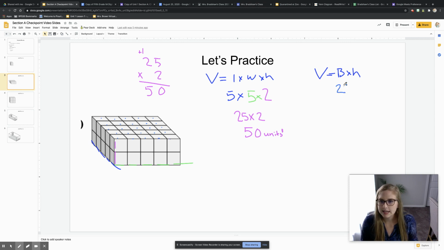So my base is 25 cubic units, and I know that I have 1 layer, 2 layers. So 25 times 2. If I was asked for another way to write this equation for volume, instead of 5 times 5 times 2, I could say 25 times 2 because that is base times height. And we've solved 25 times 2, which is 50 units cubed or cubic units.